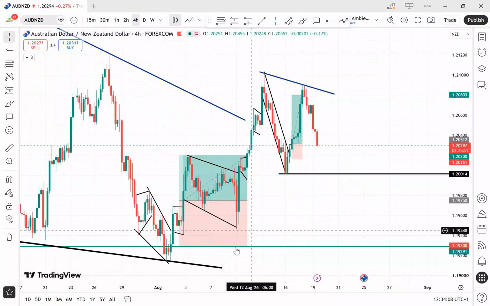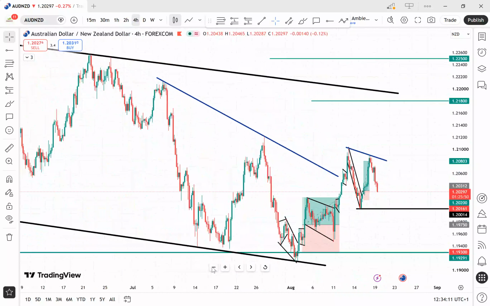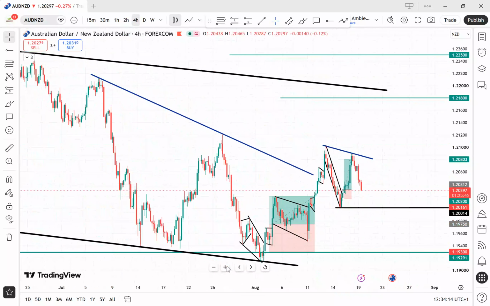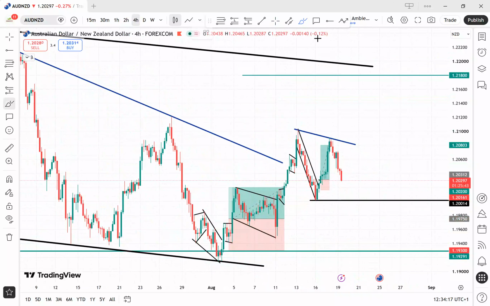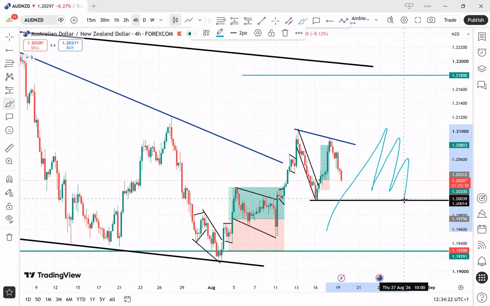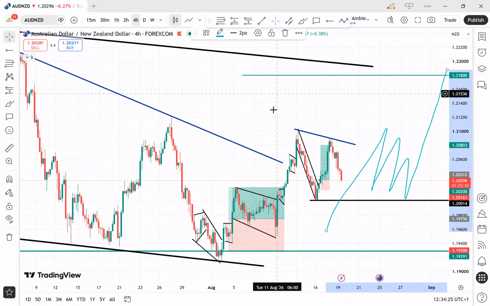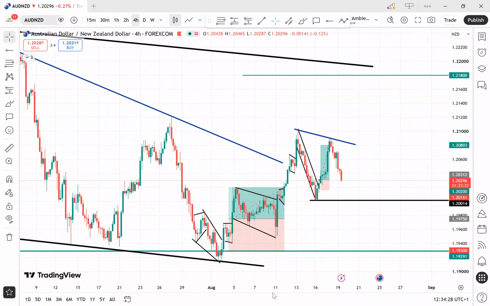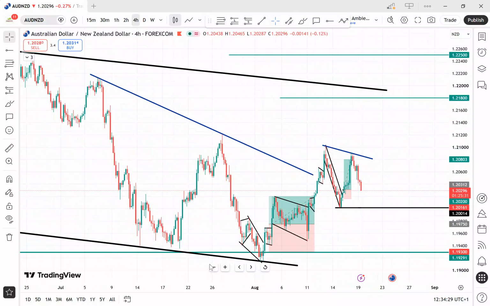Because the higher time frame structure is bullish, and this is a breakout already, this might just be another bullish continuation. So let's see how the price reacts here on AUD New Zealand dollar. We are watching this now.